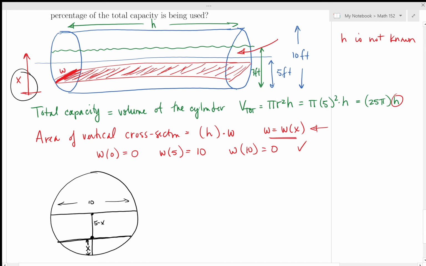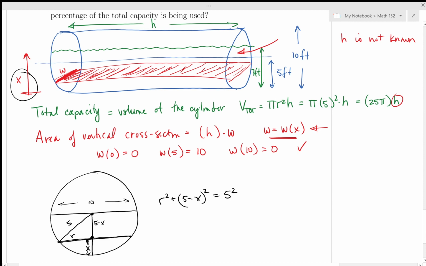Okay, so I'm trying to get an expression for that. I am going to label this thing right here as R, like that. I'm going to then be able to compute this guy right here. Well, I actually know what that is. That is 5, because that's the radius of the circle, and that's going to allow me to compute R. So I know that R squared plus (5 minus x) squared is 5 squared.